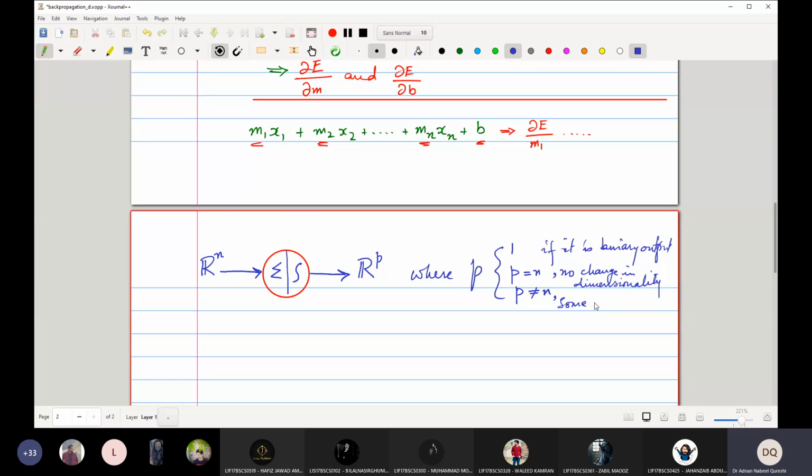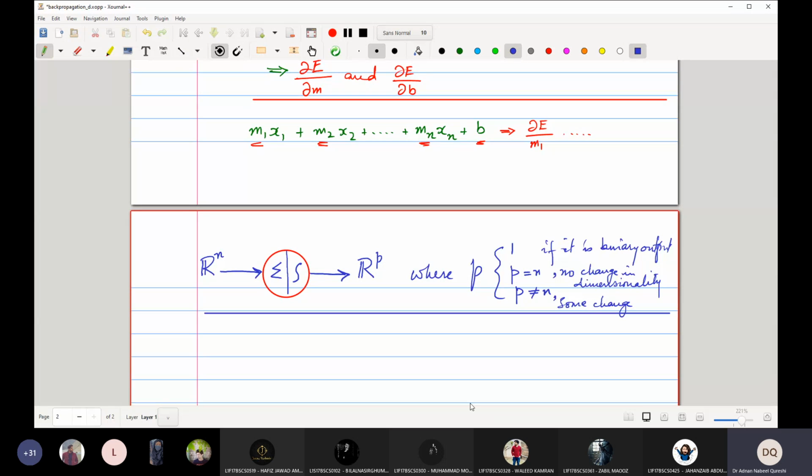I wrote some change because we may be increasing or decreasing the dimensionality. So this is the underlying intuition. Just keep this in mind.